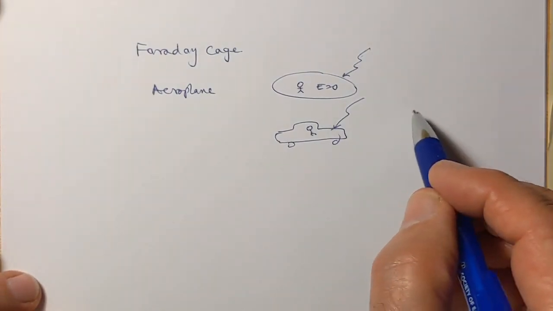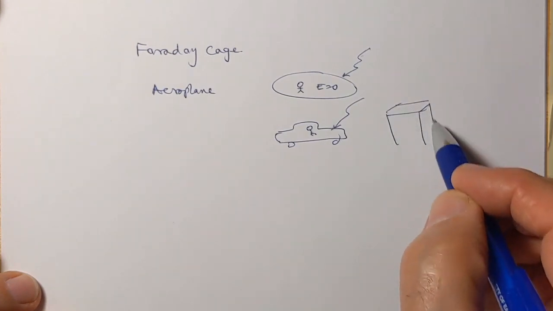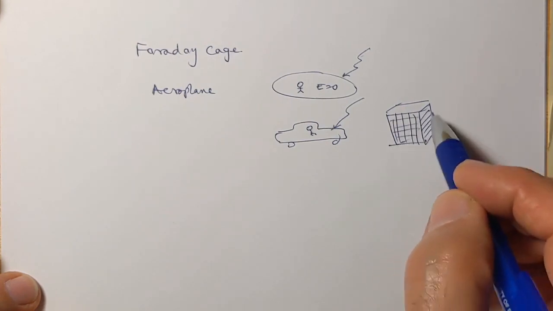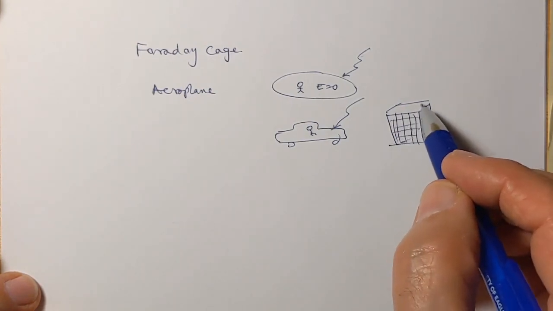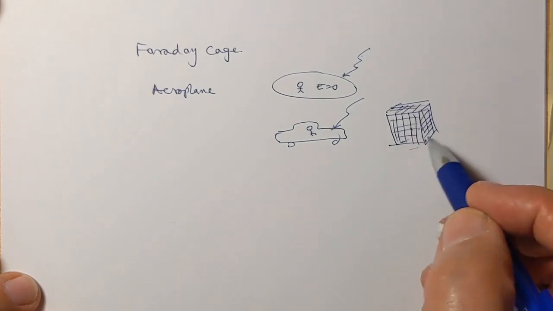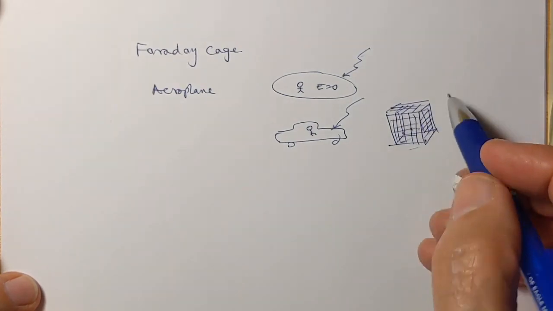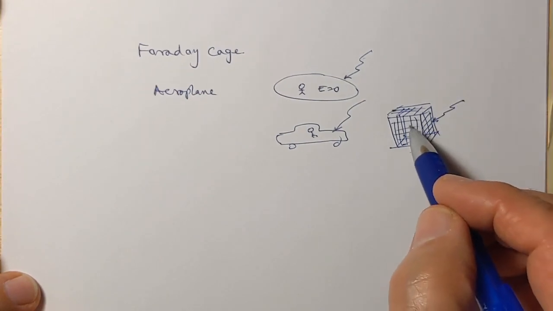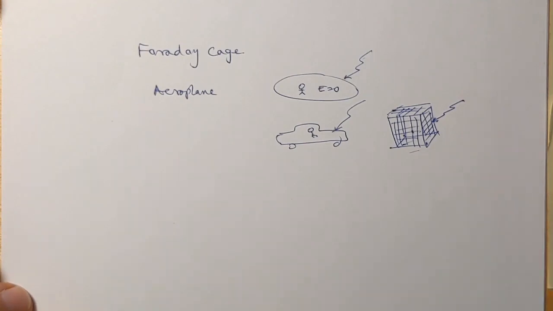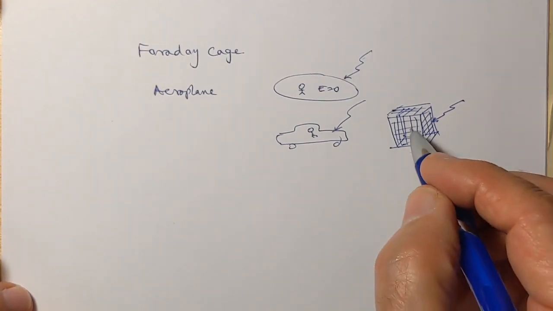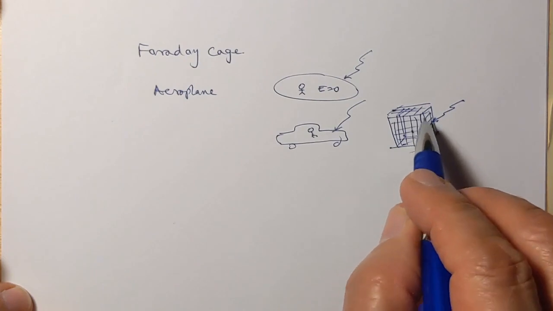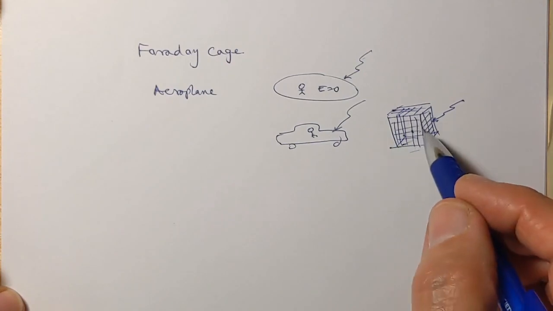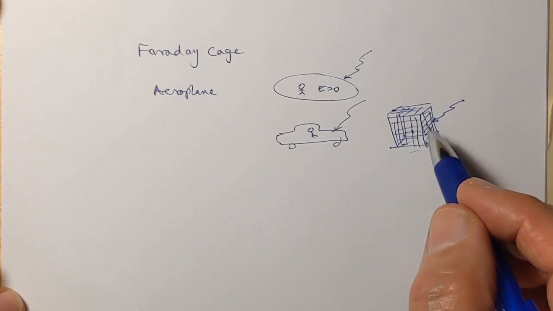So if you have some kind of a box made of wires, and the person is inside it, and it's a wire mesh on all sides, top, bottom, and all six sides, then you may have huge sparks hitting this, and the person inside will be okay, will have no effect, even if that person touches the inside of these wires. That's because the electric field on the inside of each of these wires is also zero.